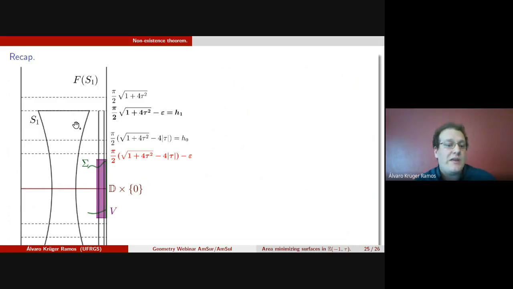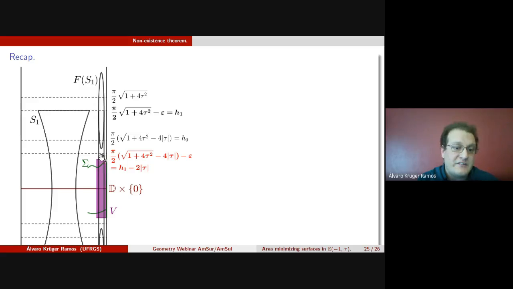And actually, we can see that you can change mostly by this number, 2 times the absolute value of tau. So when you translate from up here to down here, you stay away from this neighborhood here, V.